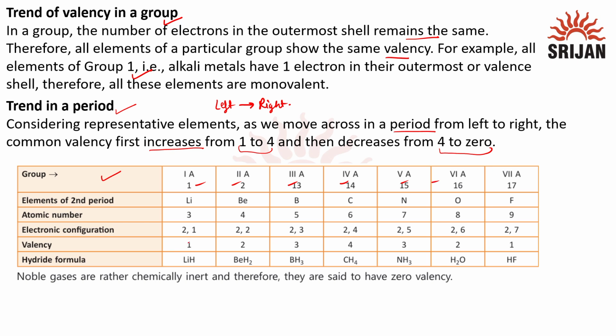Here first we see the valency 1, then 2, then 3, and then 4 in the 14th group, right? And then it gradually decreases to 3, 2 and 1 in the 17th group, because we know that in the 17th group the elements have 7 electrons in the outermost shell, therefore they need only 1 electron. That's why their valency is 1. So this is how the valency changes down a group and from left to right in a period.